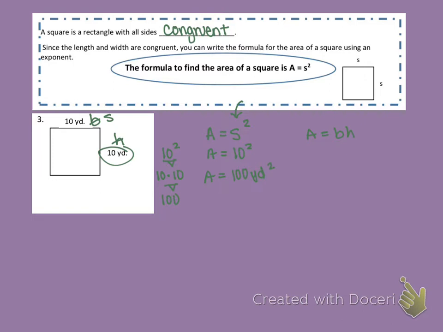And then, like I said, I'm going to show you how it's the same. So we have area equals, if we were to do base times height, it would be base and height, which is 10 times 10, which is what we just did. Again, I'm just showing you that it's the same, but this formula is super important.